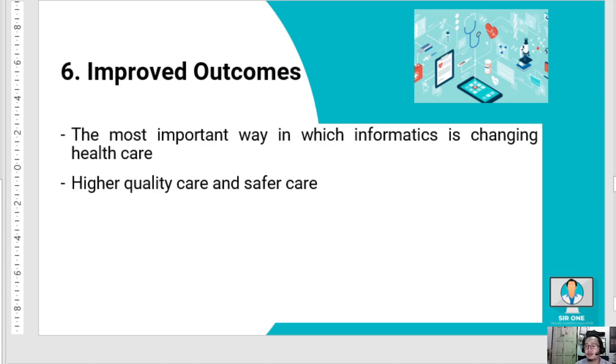Information technology or informatics really is very important nowadays, and we hope one day, if not all, then maybe most of the hospitals in a certain country will really adopt and practice nursing informatics.